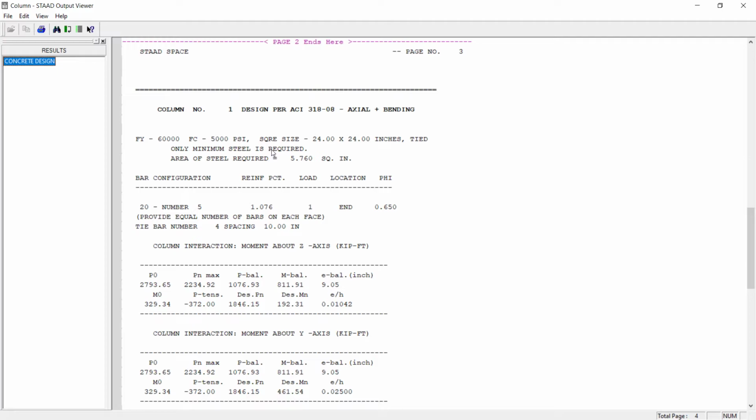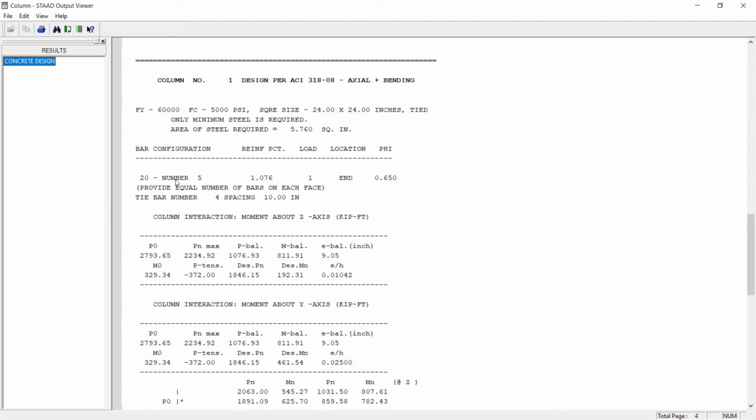Area of steel comes out to be 5.76, whereas they calculated a little bit higher, which is 6.24. So it's near about 1%. They distributed 20 bars, number 5, and the area comes out to be 1.076%, which is slightly less. That means this is perfectly okay.